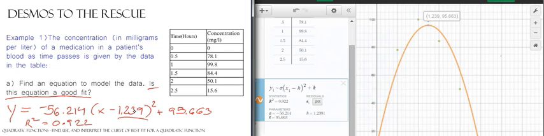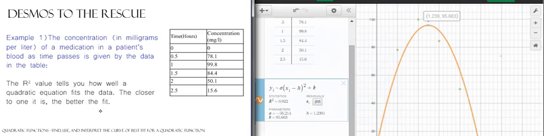So if you're clever, you can actually just get this from the equation, knowing that this is the x value, in this case time, for our maximum, and this will be the y value. So we know at 1.239 hours, a maximum concentration of 95.663 is reached. Notice that's less than this value here. This is why we have this r-squared value telling us that this isn't exact. It's pretty good, but it's not exact.